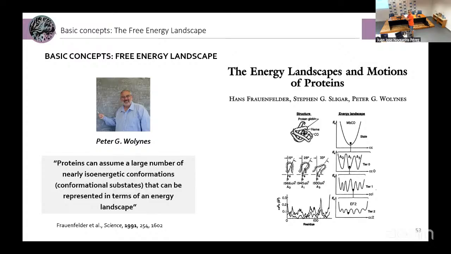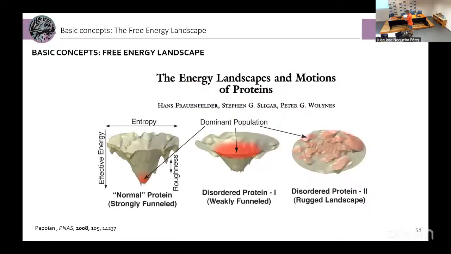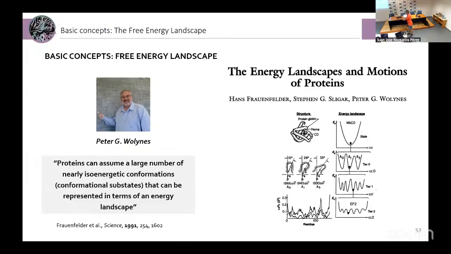These are very similar but different conformations that describe protein motions, how the conformations of the protein can be interconverted between each other. So at the end, this describes how a protein moves, right? How we can go from one minimum to another minimum.